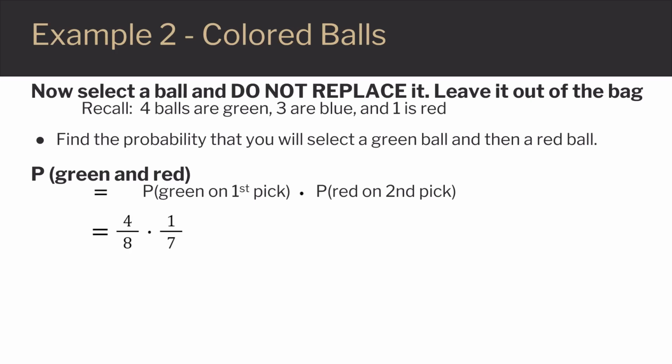For the second draw, we have 1 less ball in the bag, since we didn't replace the first pick. There is only 1 red ball in the bag, so the probability of picking red on the second pick is 1 out of 7. Multiply these together and you get 4 out of 56. This can be reduced to 1/14, and that could be made into a percent, in this case 7%.